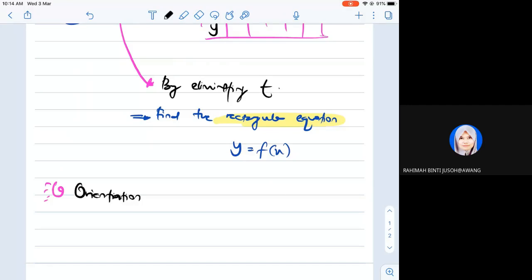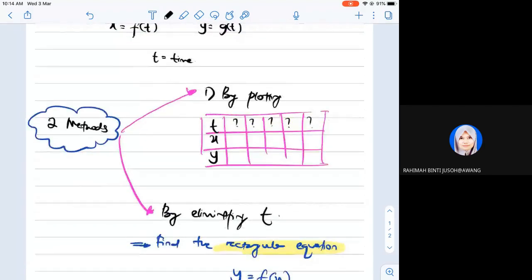Orientation is the direction of increasing t. If you ask me what is the best way to know the orientation, the best way is using plotting. But if you do not use plotting, it's okay.